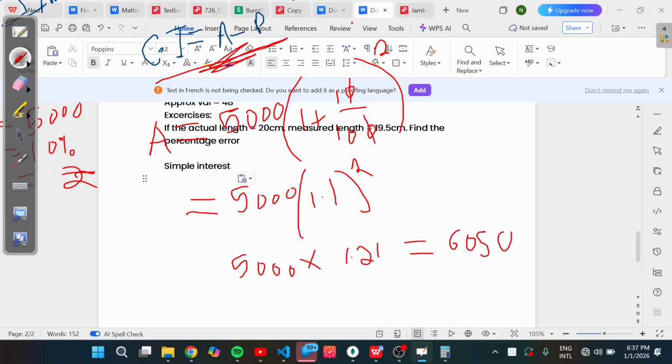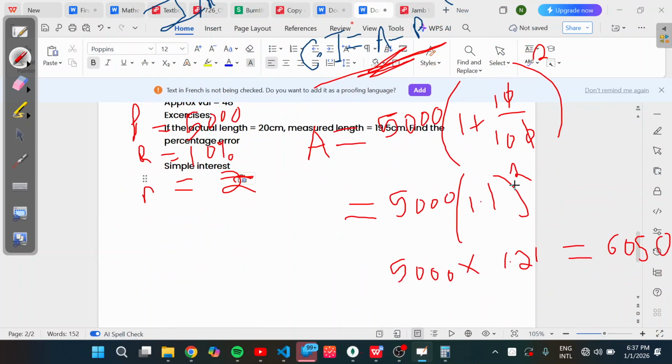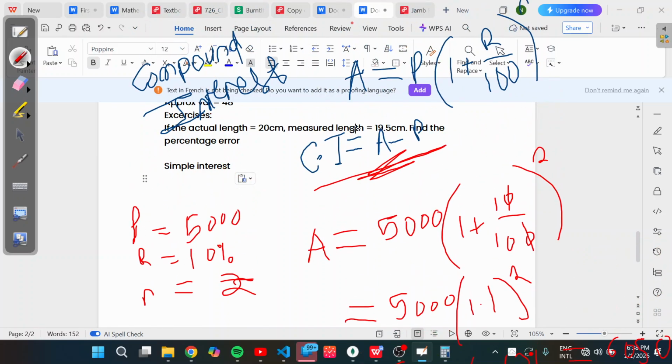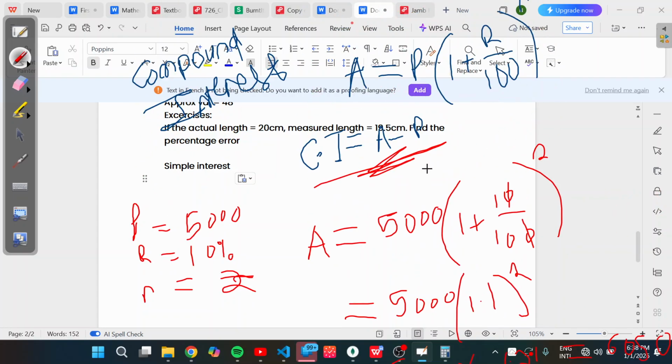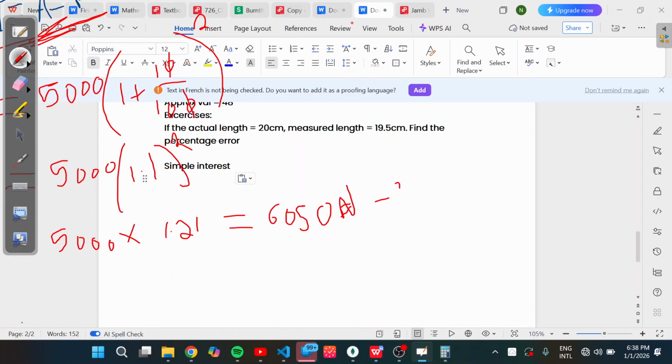Okay, so remember that we just calculated the amount. We need to actually calculate the compound interest. So compound interest is amount subtracted by principal. So we're going to have 6,050 naira subtracted by 5,000, and that will give you 1,050 naira to be the compound interest.